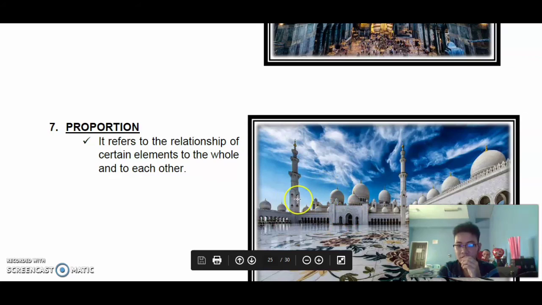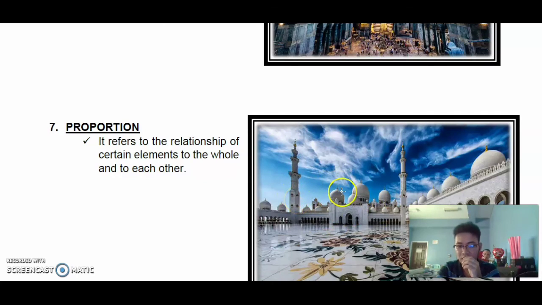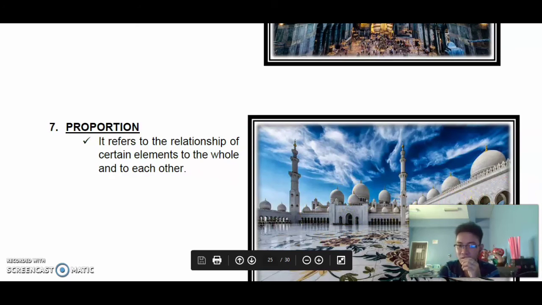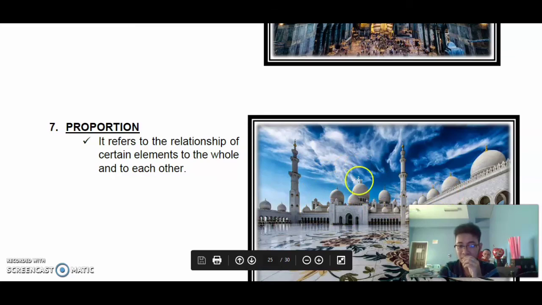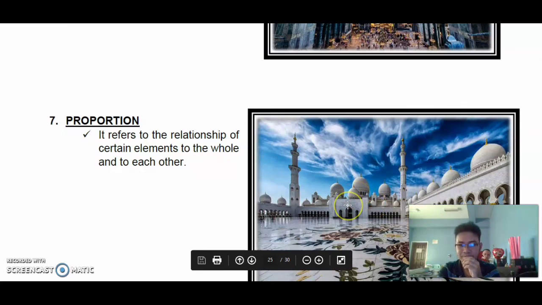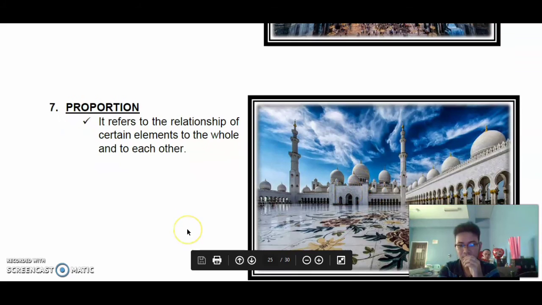They're just the branch of the center part. As for this side also, this has a different purpose. For example, maybe this is a hall or something. But this is not referred to the purpose of the center part of this building. Okay, that is proportion.